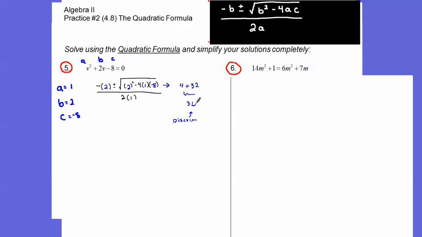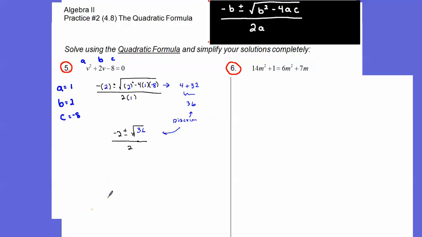This 36 will go back inside the square root, sits behind the plus or minus, and I have -2 in the front, meant to have -2 there, and that's all over the value of 2.